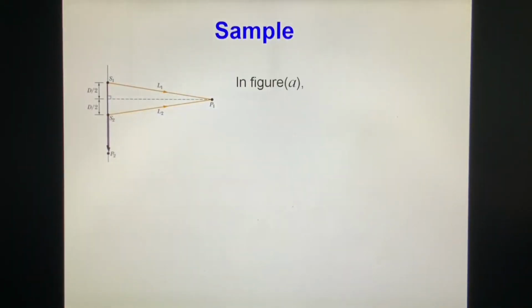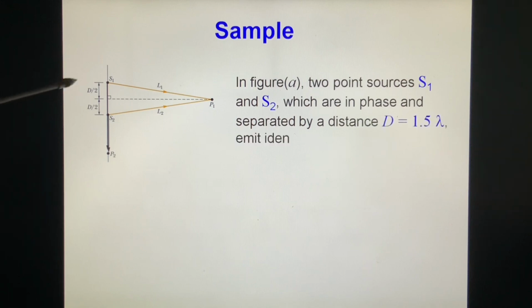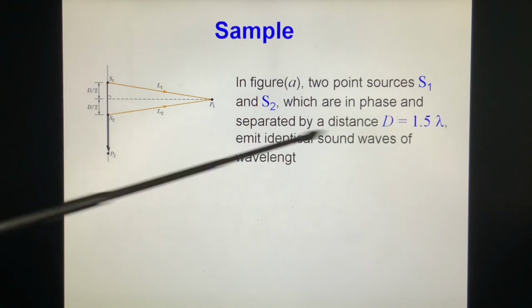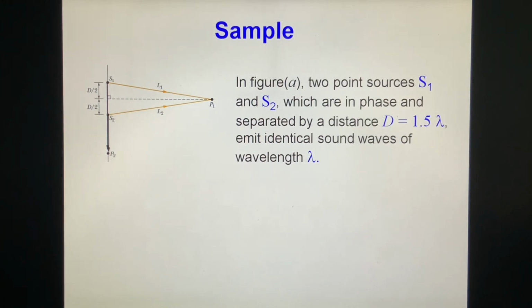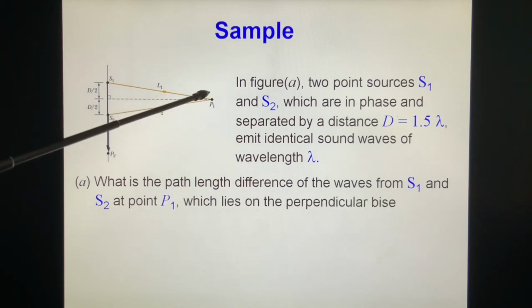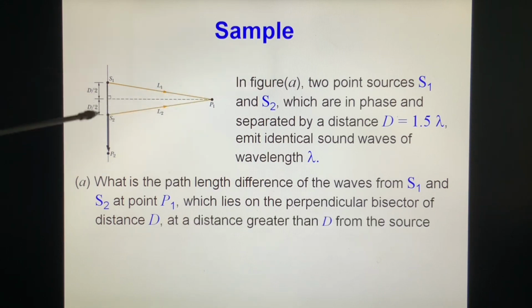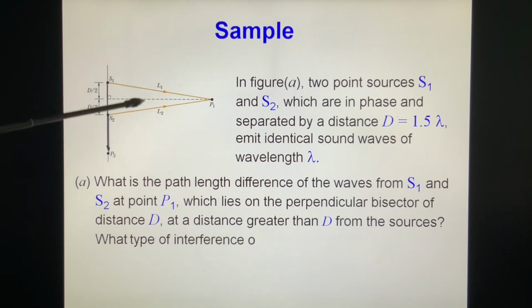Sample problem. In the figure, two point sources S1 and S2, which are in phase and separated by distance d equal to 0.5 lambda, emit identical sound waves of wavelength lambda. Question A. What is the path length difference of the waves from S1 and S2 at point P1, which lies on the perpendicular bisector of distance d, at a distance greater than d from the sources?